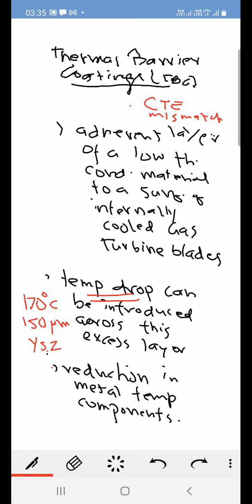Now, coming to the other types of materials which can be used as a TBC.